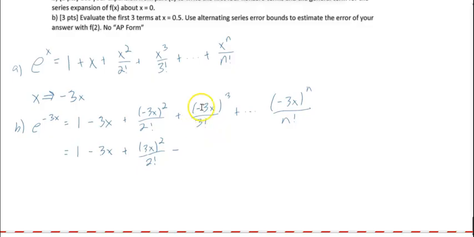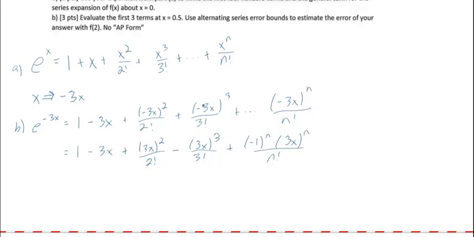This is a negative that's being cubed, so 2 of them will cancel, but we'll be left with 1 left over. So then I get minus 3x cubed over 3 factorial. And that's good for me. And then I guess we'll go negative 1 to the n times 3x to the n over n factorial.